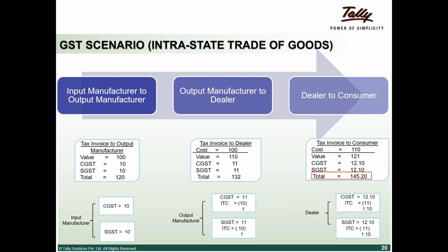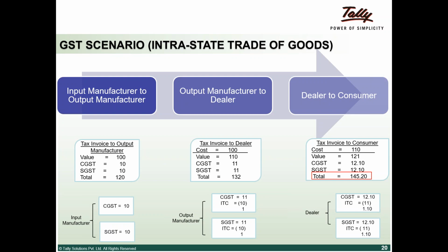Now, the first case is similar to the earlier case, that is an input manufacturer selling to an output manufacturer. The only difference is that earlier we applied excise duty and VAT. Here we are applying CGST and SGST. Value is 100. CGST is 10, that is 10%, and SGST.